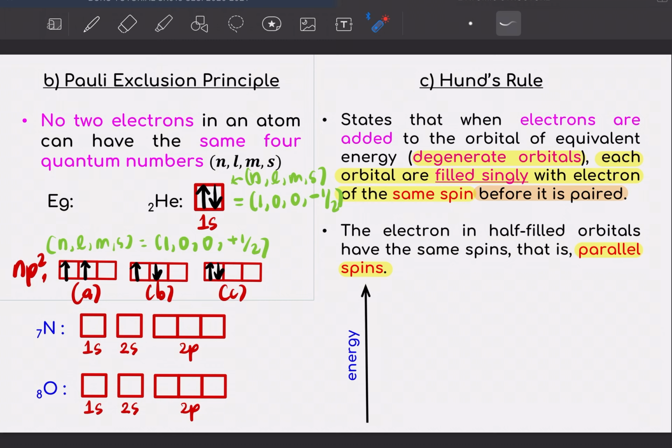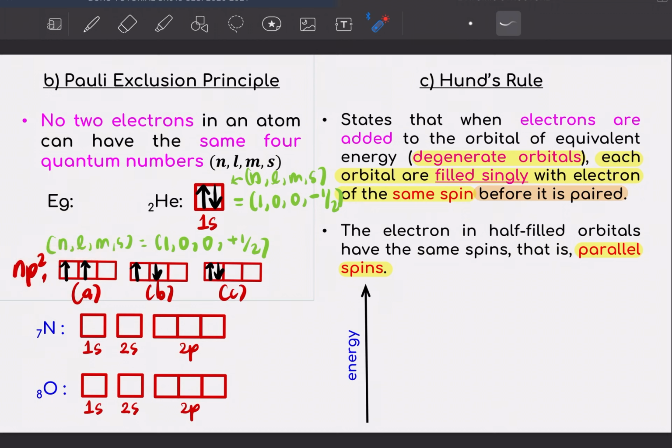Okay, so let's say when you have np2, how will you fill in your electrons? Is it A, B, or C? Which one shows you obeying the Pauli exclusion principle? It will be this one.